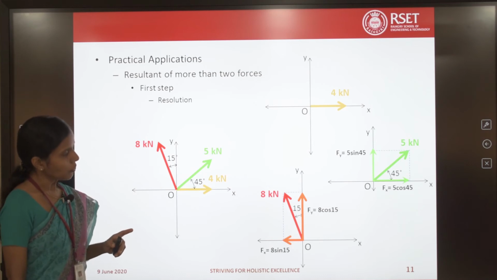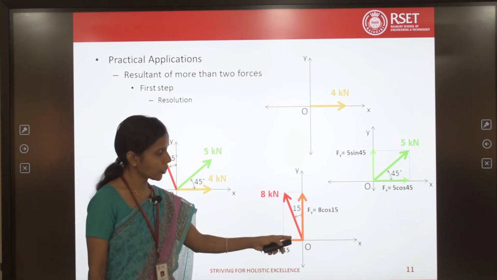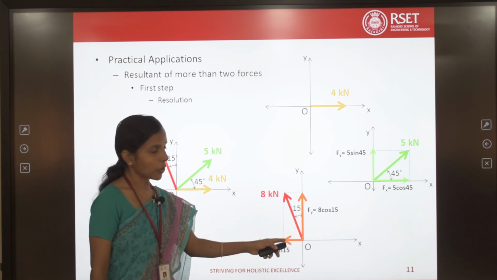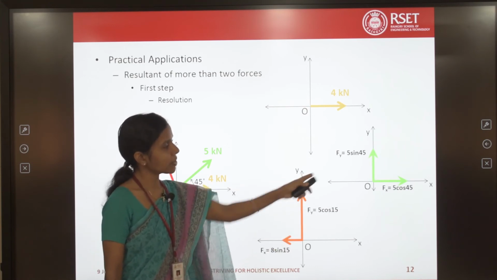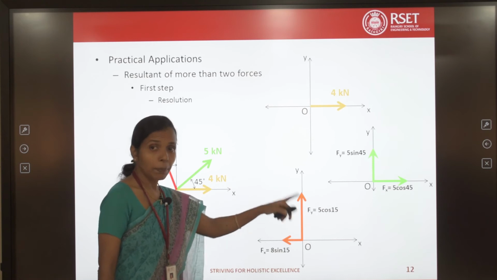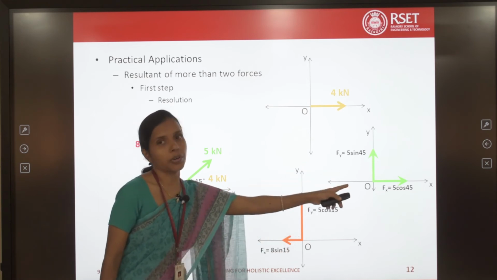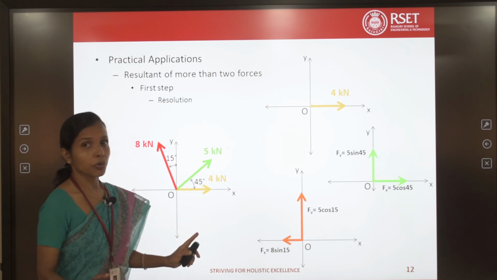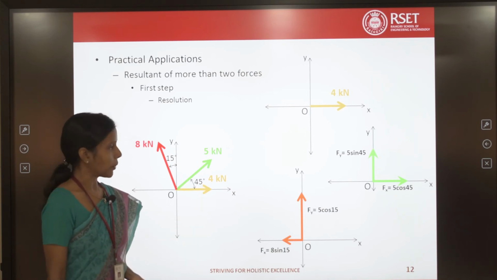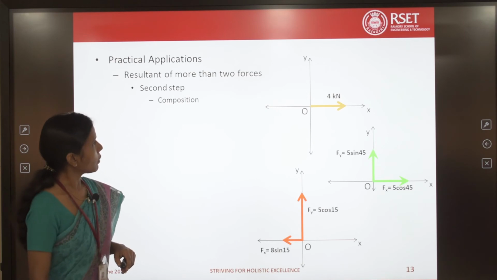So, what did you do? You converted the forces into two components each. So basically you do not need the original 5 kilonewton or 8 kilonewton force now, since they have been replaced by their corresponding components.